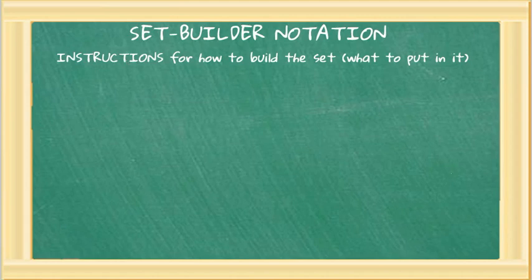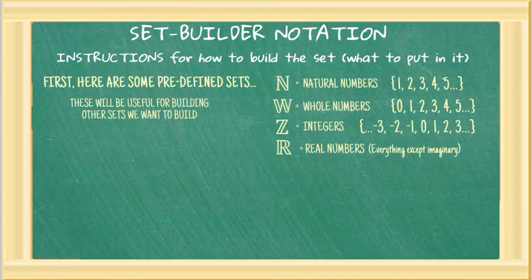Okay, now quickly before we do some examples there, I want you to learn some notation here. You'll see these in the book, so I want you to get used to these weird looking letters, and all they mean is just different groupings of numbers. So natural numbers, if you learned this way back, 1, 2, 3, 4, 5, etc. Those are called the natural numbers, and you could see this weird looking N in the book somewhere, so that's what it refers to. This weird W is whole numbers, which is the same thing except now it contains a 0.